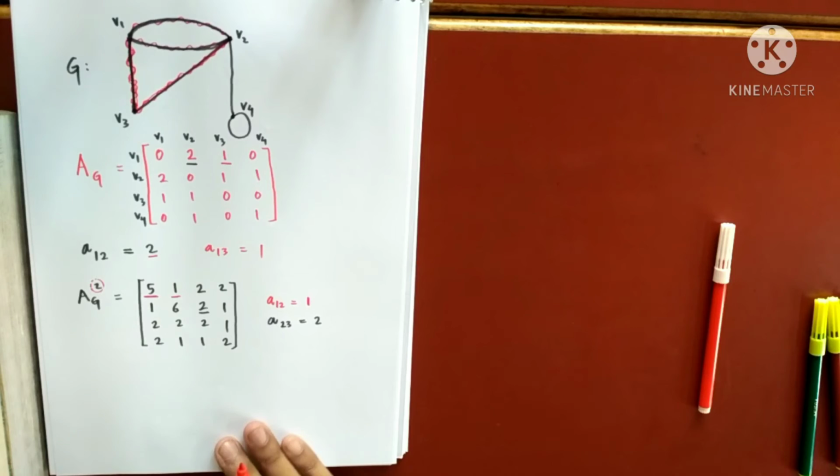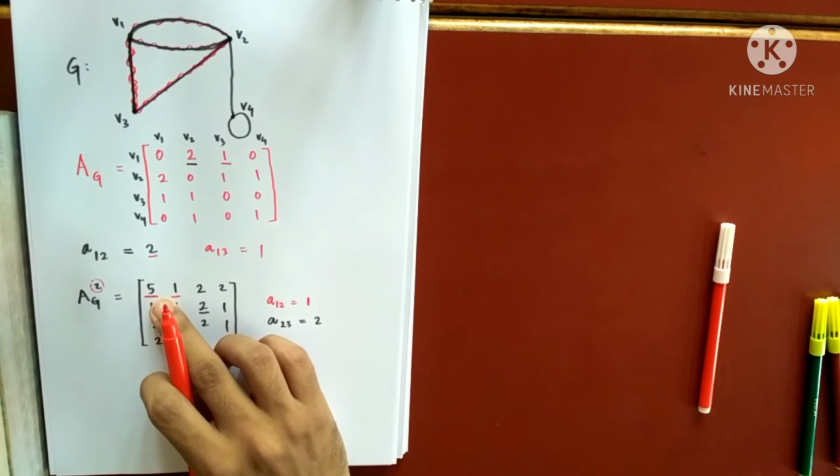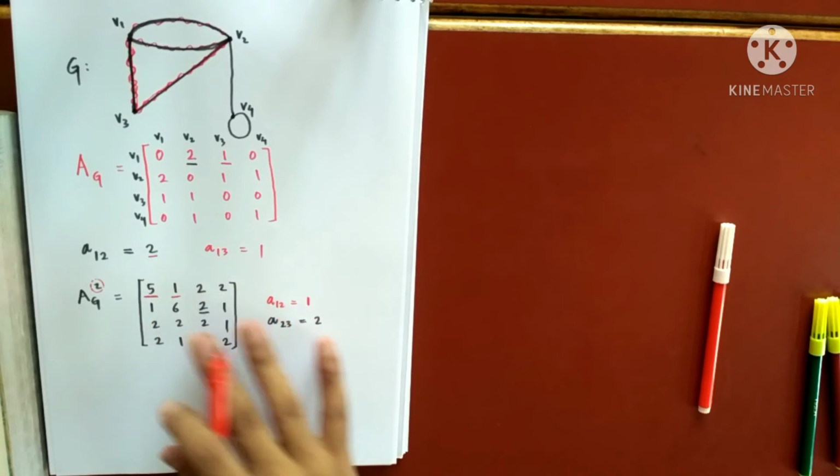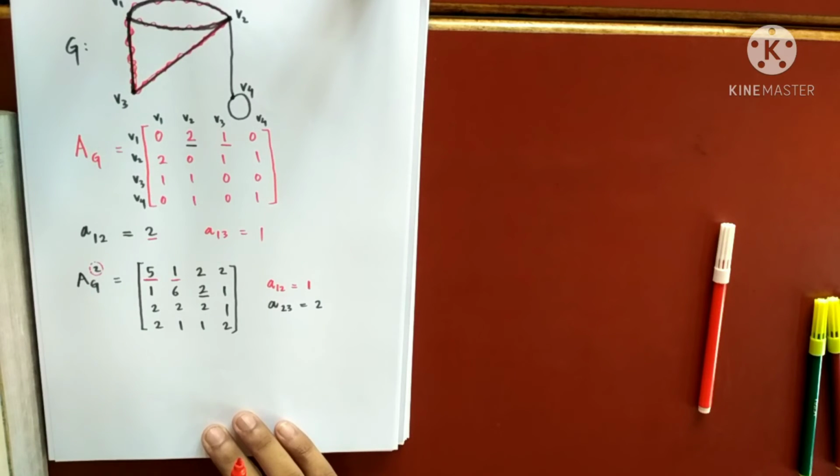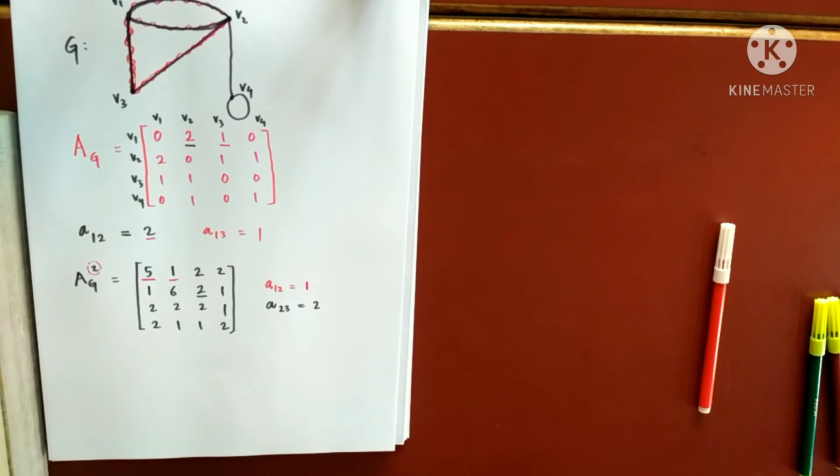Okay, so did you get my point? If you want to see this, I can write the walks. Don't worry. This is not a coincidence, but this is guaranteed by a theorem. Okay, so what is the theorem? Let me write down the theorem.